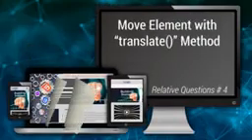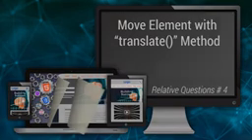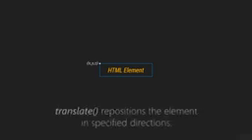Using the translate function, you can move any element or text from their original position to any other X, Y, or Z coordinate without affecting other HTML components. So basically it repositions the element in horizontal or vertical directions. So let's practically implement this.